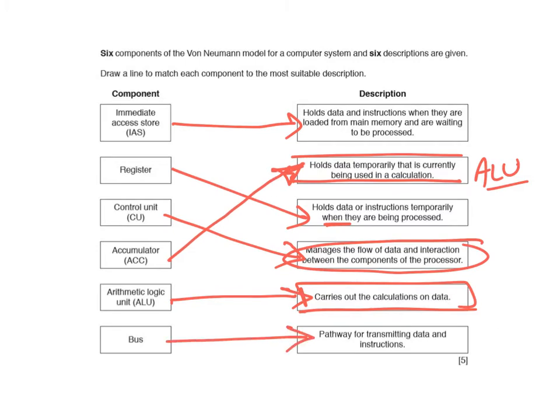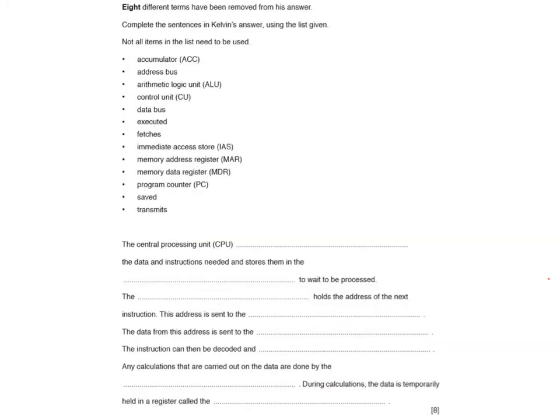Now, I didn't do that one the way I normally do, where I look for things that I definitely know are correct first, and that was very lazy. But take a minute to do those ones. 5 marks, really important, and it should take you at least 5 minutes to do it. And the reason it's 5 marks, even though there's 6 descriptions, is if you get 1 or 2 wrong, you lose the mark. So you've got to get all 6 to get 5 marks on that part of the board.